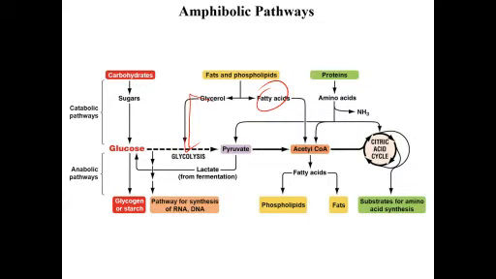Your fatty acids can be used to make acetyl-CoA, the acetyl group. Your amino acids from your proteins can enter the citric acid cycle or be used to make acetyl-CoA. So all this is involved in catabolism.